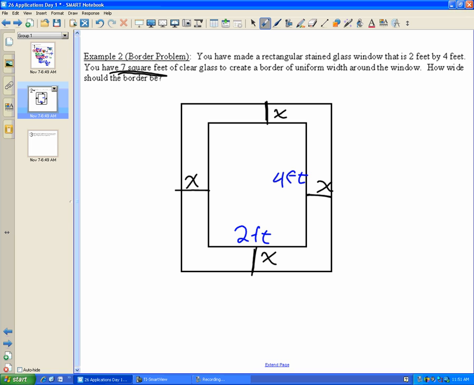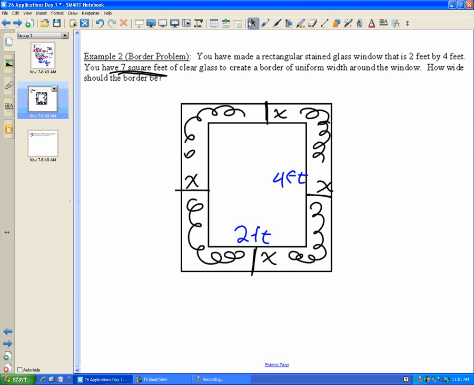That's the only dimension I have on this outside part: it adds up to 7 square feet. I need to use that 7 square feet, and since it's in square feet, I want to use area.